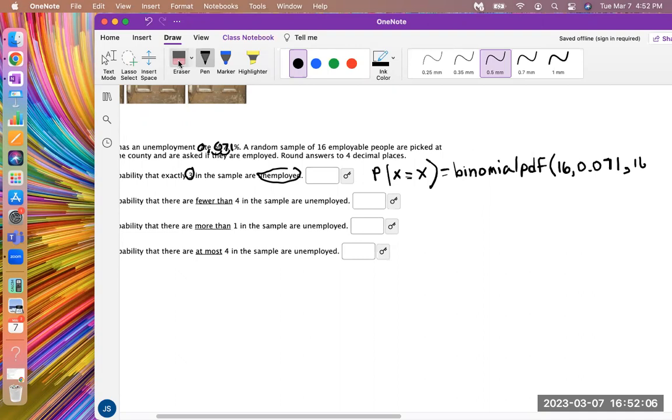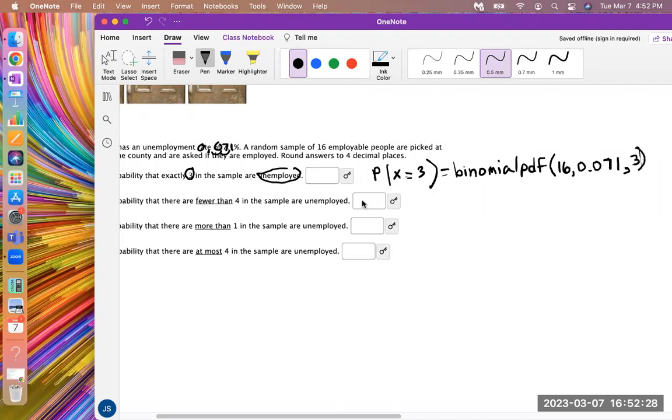So the probability that they will have exactly 3 people unemployed, the probability that X will equal 3, and the answer will look like this on your calculator. And if you can enter in these numbers, then you can get the right answer.